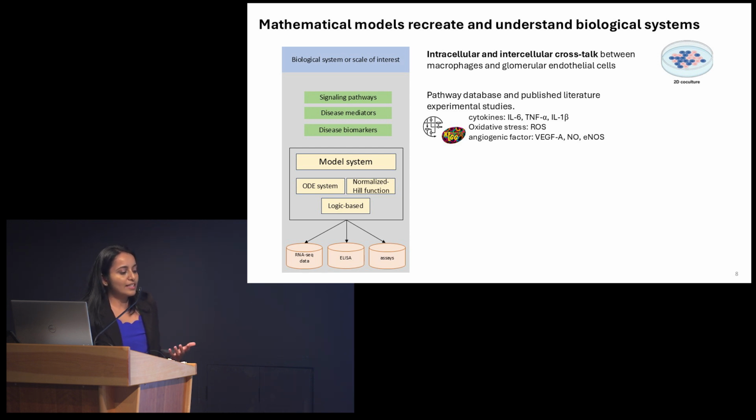As DKD is currently affected by many different complex and interlinked processes, this was done by going through a manual survey through pathway databases, information in literature, as well as experimental studies, and putting together a protein-protein interaction network between macrophages and glomerular endothelial cells that is able to capture some relevant disease mediators and biomarkers like cytokine expression, oxidative stress, as well as angiogenic factors.